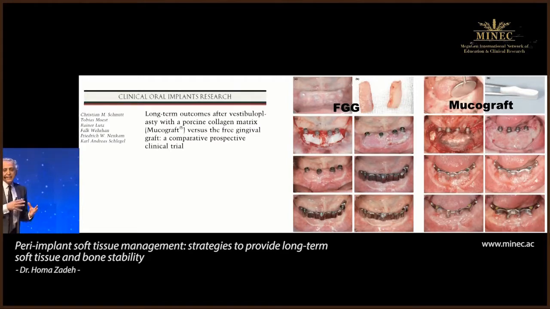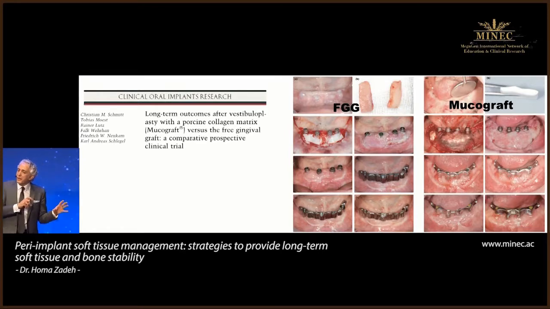depth increase. The classic way is to perform a free gingival graft, which increases the mucosal thickness, it increases keratinization, and deepens the vestibule. But that is invasive because it requires harvesting of tissue.